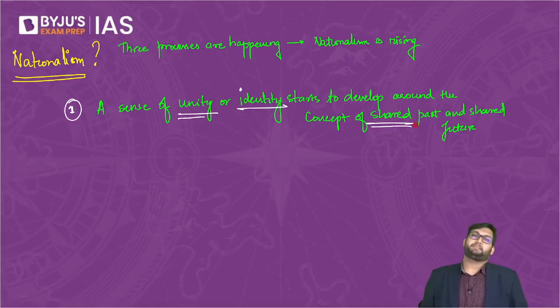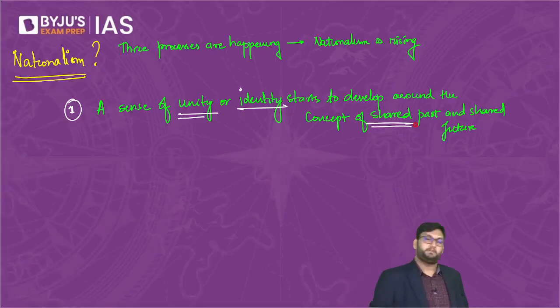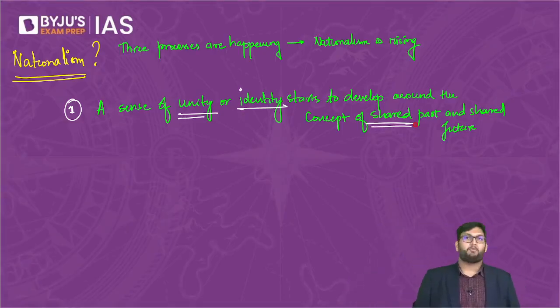But what do we share? If India goes up, we go up. If India goes down, we go down. Very simply, Ashoka was their ruler also, my ruler also. So we have a shared history, which is a shared past. And if India becomes a 5 trillion economy, we are also part of it.